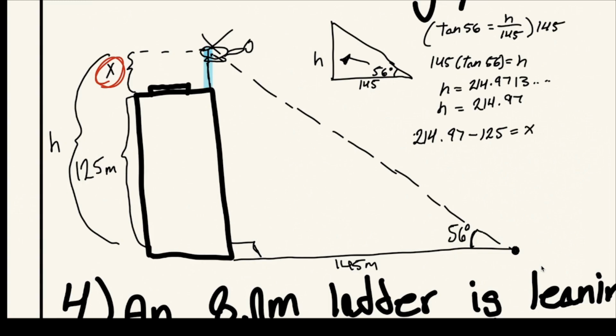So 214.97 minus 125 equals X, which equals 89.97 meters. So I'll round that now. So X equals 90 meters.